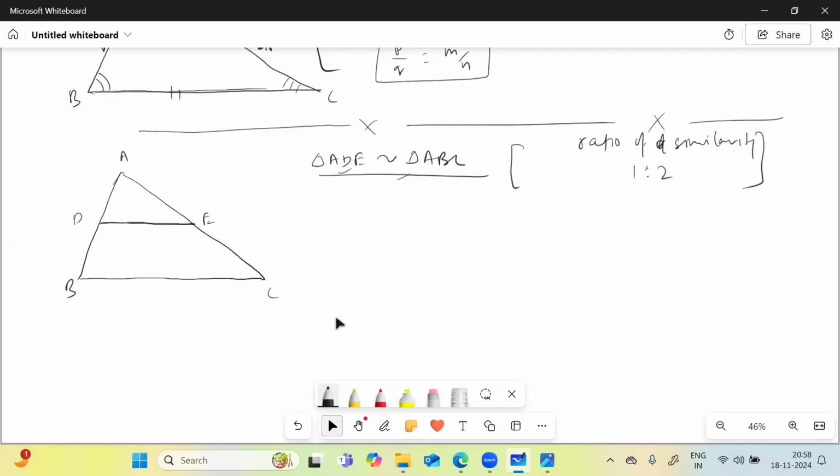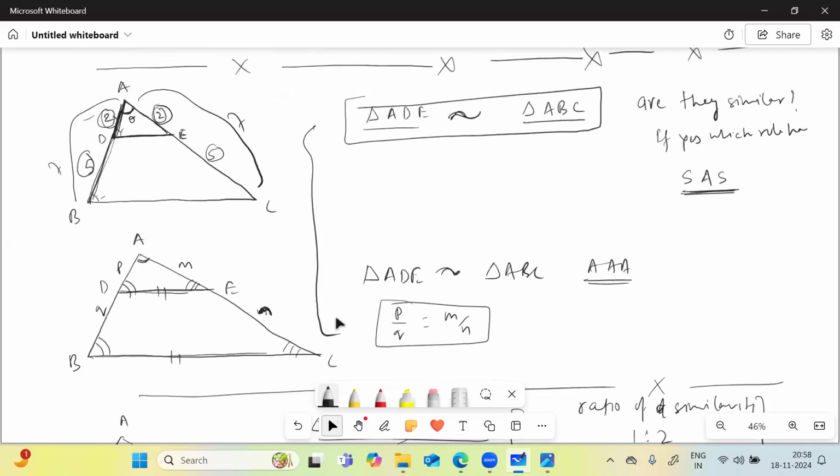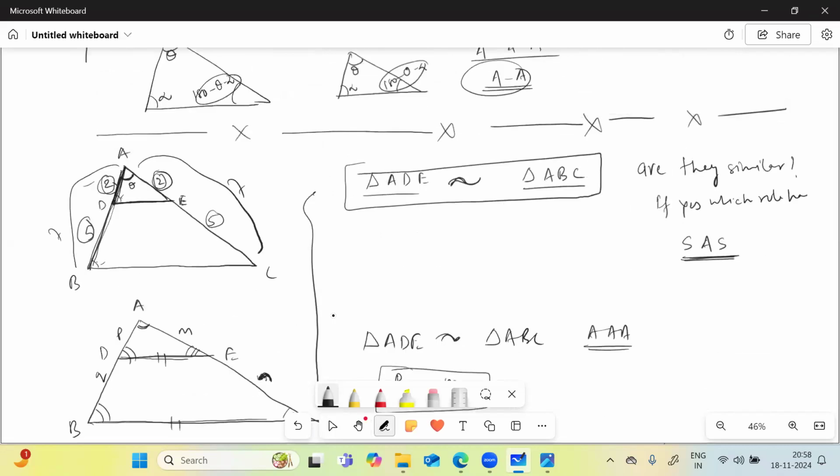Very good, Shiksha. Let's go back to the previous triangle. इस वाले triangle में, now tell me for this triangle, what would be the ratio of similarity?